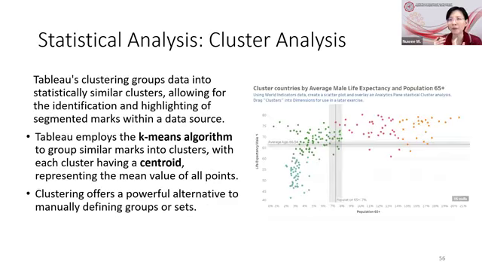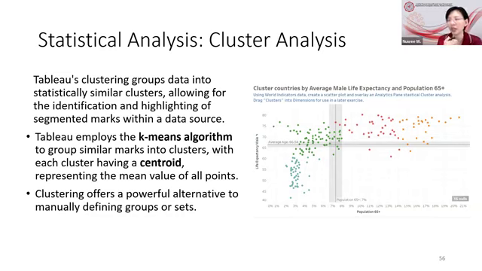So the clustering analysis that Tableau employs is k-means, as I said before, right? You can just choose the Analytics pane, cluster, and it will automatically do that for you. But you can choose the k number, although it chooses automatically for you at first, and it will report the centroid of that cluster.